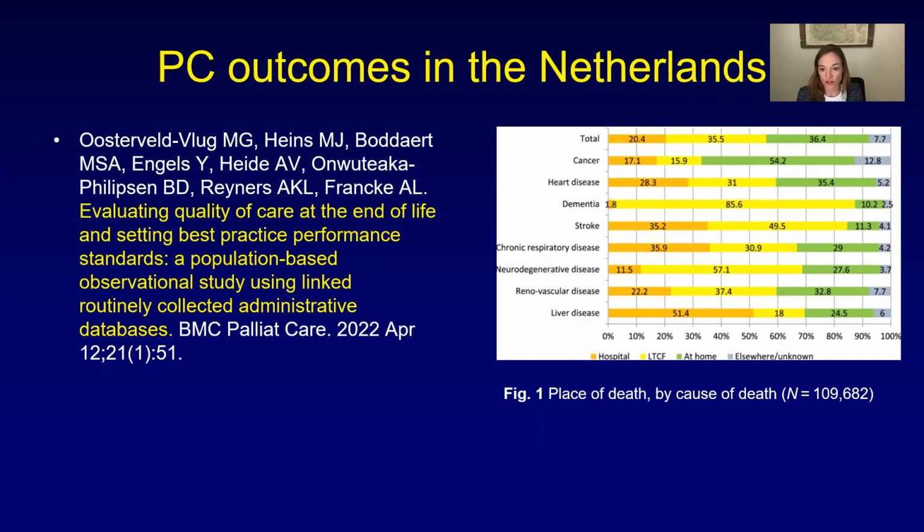And so this is a figure from their article, and they show the distribution of location of death by the different disease classes. And I thought this was an interesting article because the goal wasn't to evaluate palliative care, but to evaluate whether you can identify patient populations who might benefit from palliative care. So this was an innovative use of a very large data set. Next slide.